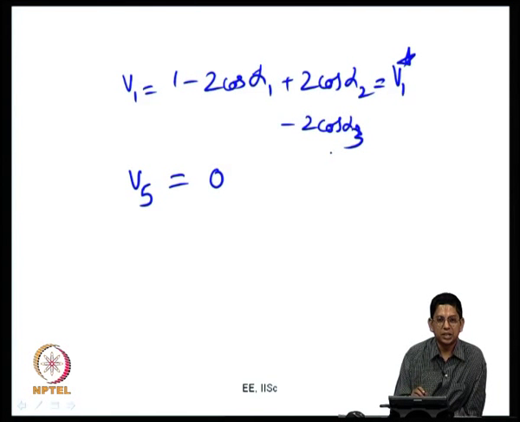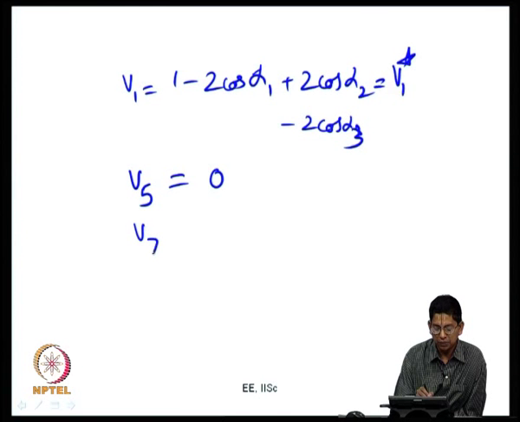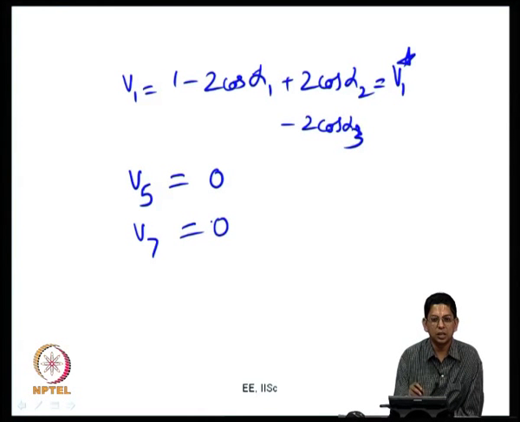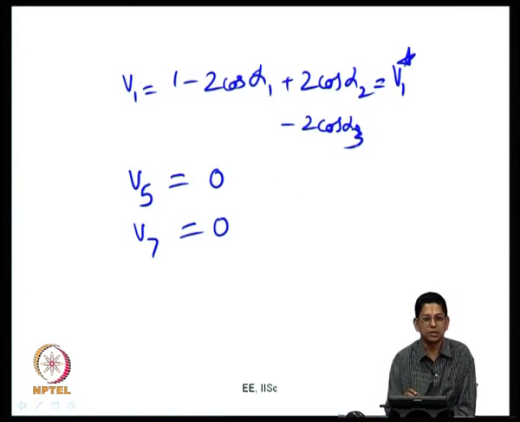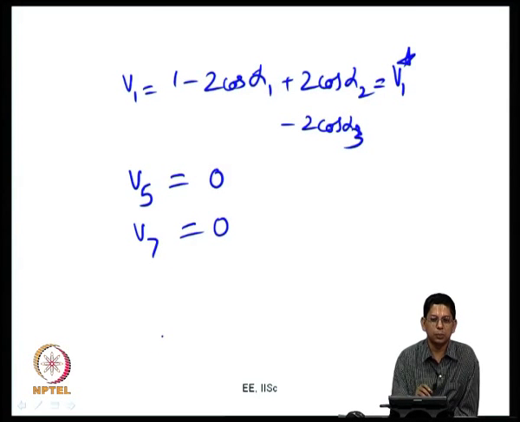This is again with 3 switching angles, it is going to be 1 minus 2 cos 5 alpha 1 plus 2 cos 5 alpha 2 minus 2 cos 5 alpha 3. Again V7 is equal to 0 can be a third equation. There are 3 angles alpha 1, alpha 2 and alpha 3. So, there are 3 variables, it is possible for you to solve this now.